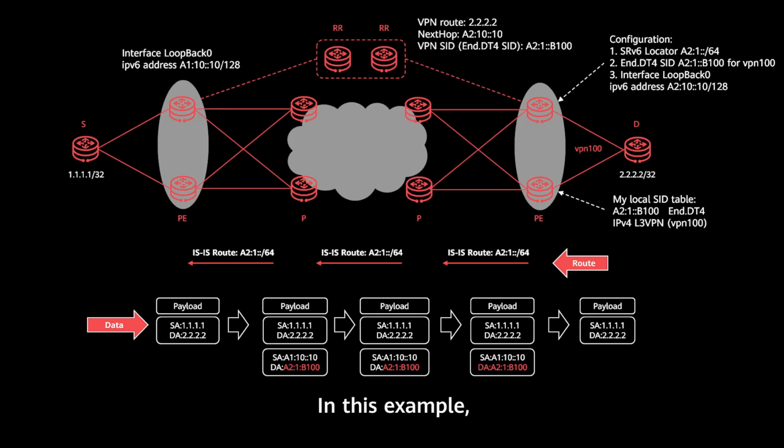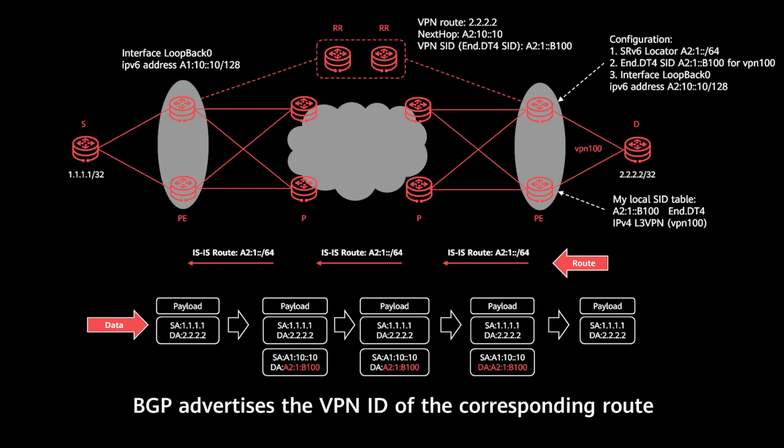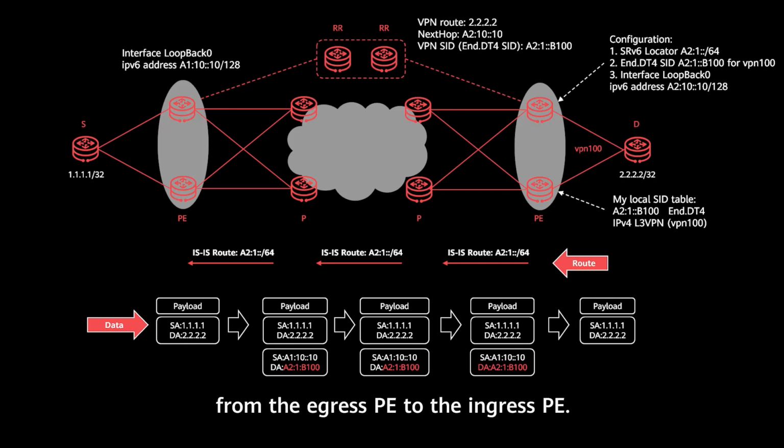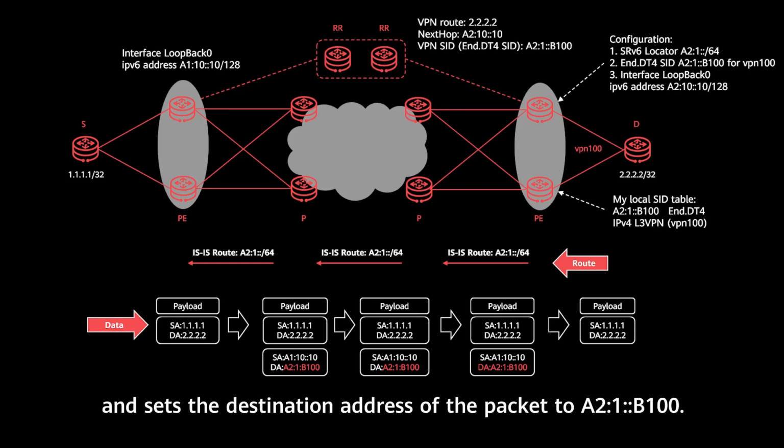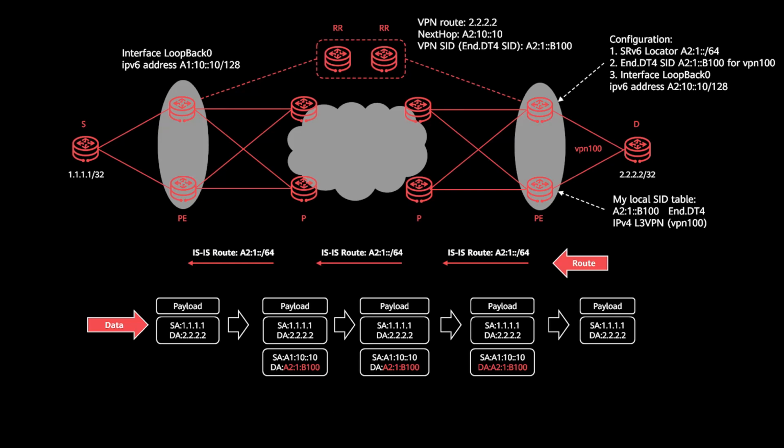In this example, BGP advertises the VPN ID of the corresponding route from the egress PE to the ingress PE. As such, the ingress PE obtains the VPN ID. After receiving a packet, the ingress PE performs SRv6 BE encapsulation and sets the destination address of the packet to A2::1:B100.